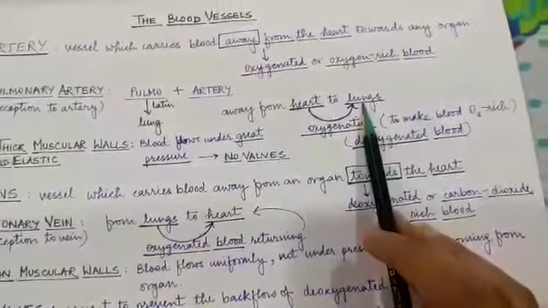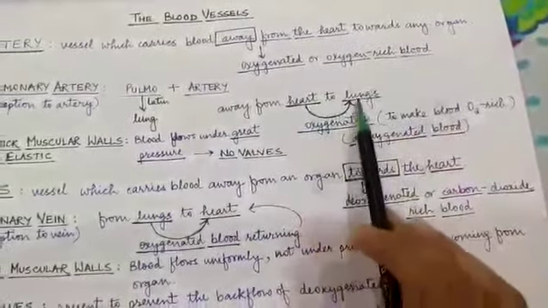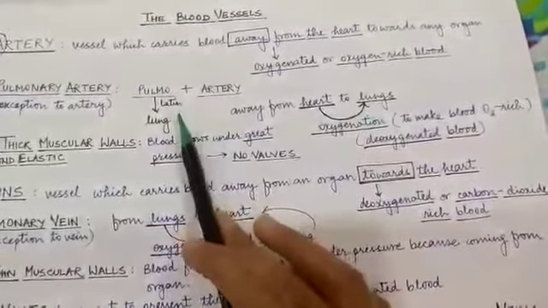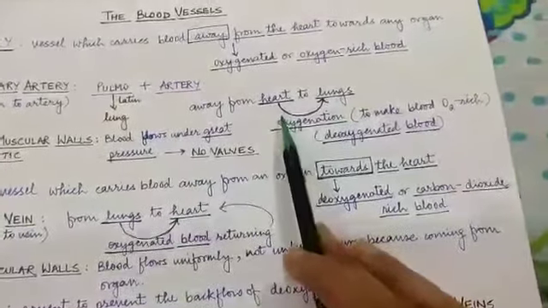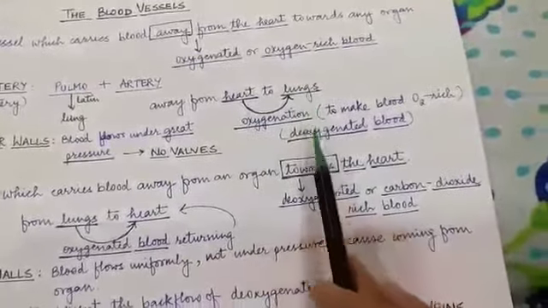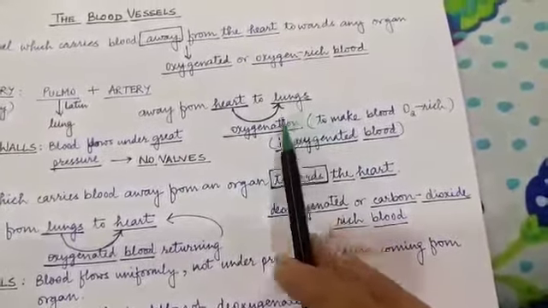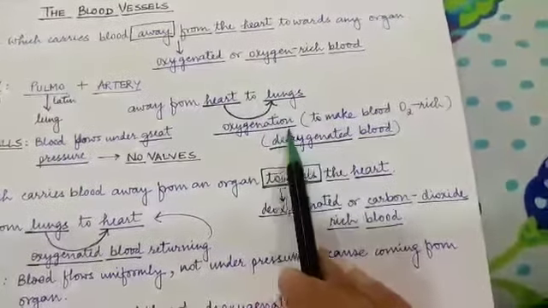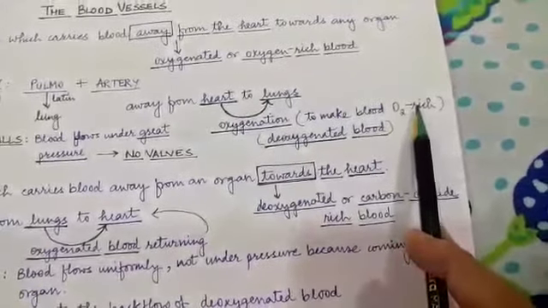It fits the definition, away from the heart towards any organ, and here the organ is the lung because pulmo in Latin means lung. So if the blood is moving away from the heart towards the lungs, that means it is deoxygenated. And why is it moving to the lungs? So that oxygenation can happen, so that the blood can be made oxygen rich here by the exchange of gases at the alveoli.